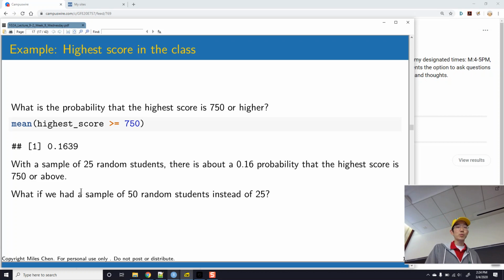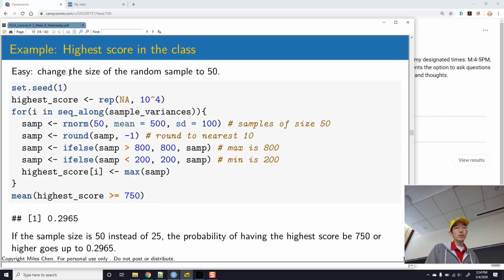What if I change this? What if we had a sample of 50 random students instead of 25? What's the probability that my highest score is over 750? Well, again, it's easy. All I have to do is modify the command. Now I take sample sizes of 50 instead of 25. The code is exactly the same as before, and now my answer is around 30%, okay?